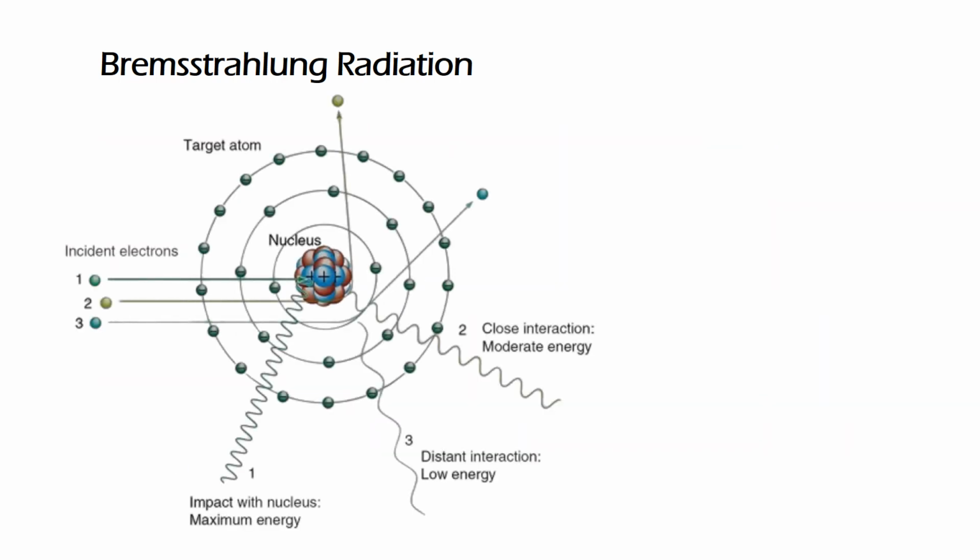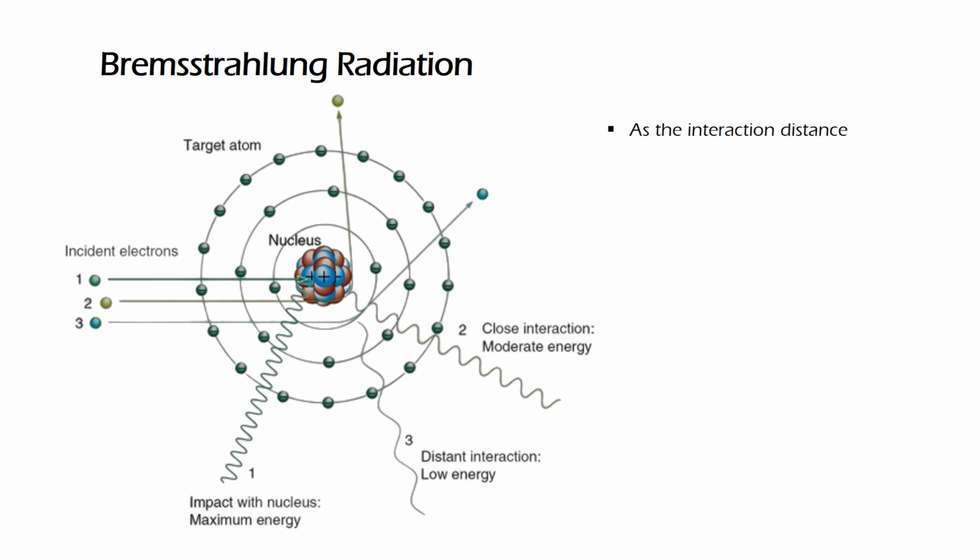In this illustration, we see three incident electrons that interact with the nucleus of the target atom. Electron 1 interacts with the nucleus directly. Electron 2 interacts with the nucleus from a close distance. Electron 3 interacts with the nucleus from a distance.